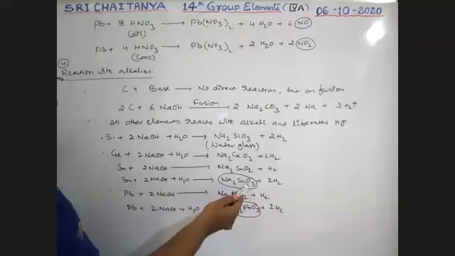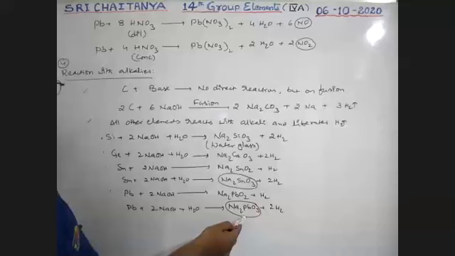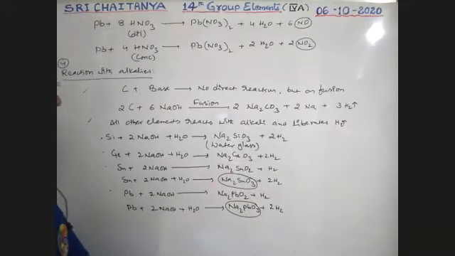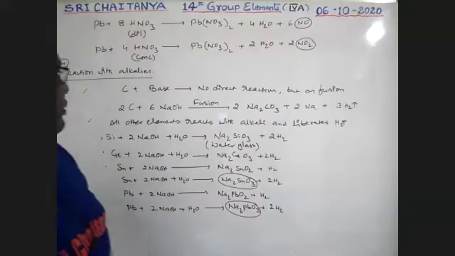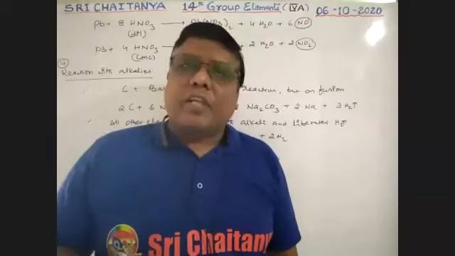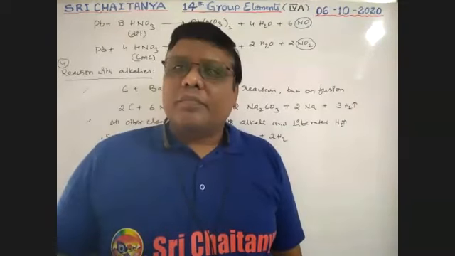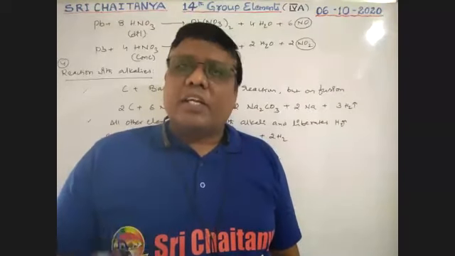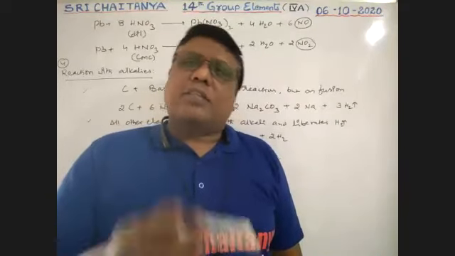Stannite, plumbite, plumbate, all of those liberate hydrogen gas. So except carbon, the other elements directly react with alkali and liberate hydrogen gas. But carbon in fusion condition reacts with alkali and also liberates hydrogen gas.